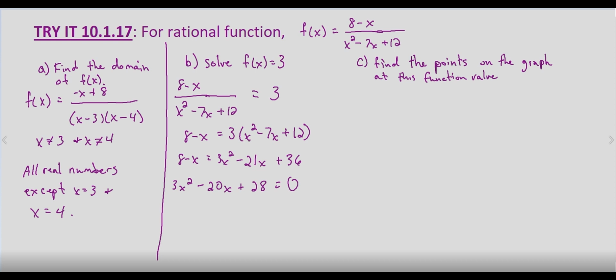This is going to end up being x minus 2 times 3x minus 14. And that's going to end up giving us x equals 2 and x equals 14/3. I'll save the check for you. I can tell you that these are the correct solutions.